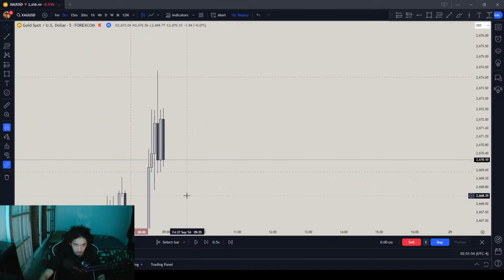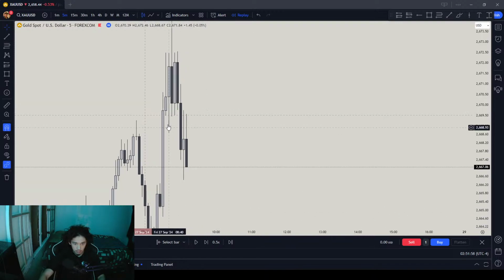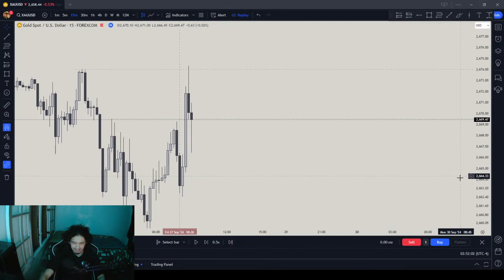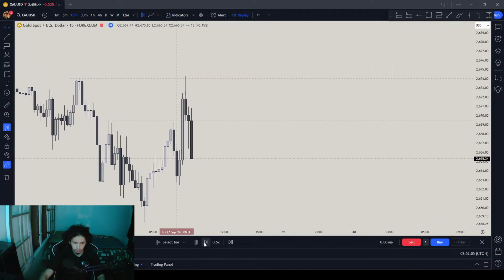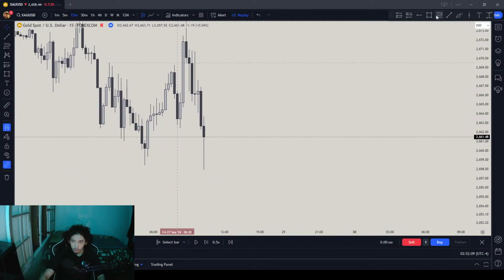Do we have anything here? Okay, it never took out any other buy side liquidity. So now we got a candle closure below this.